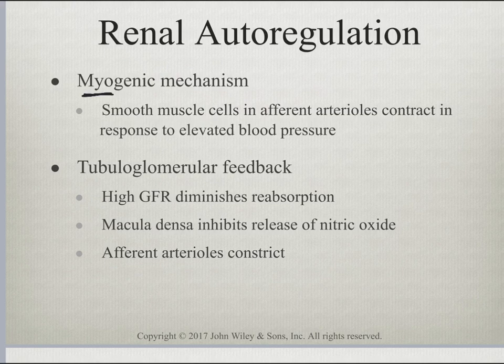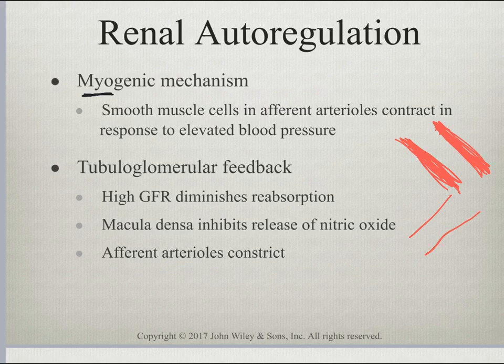If you go back a couple of slides, I outlined the thickness of that afferent arteriole. I'll see if I can draw it real quick for you. We had the afferent arteriole coming in and it was thick-walled, right? Whereas the efferent arteriole coming out was much thinner, okay? So that thick wall was lined with smooth muscle.